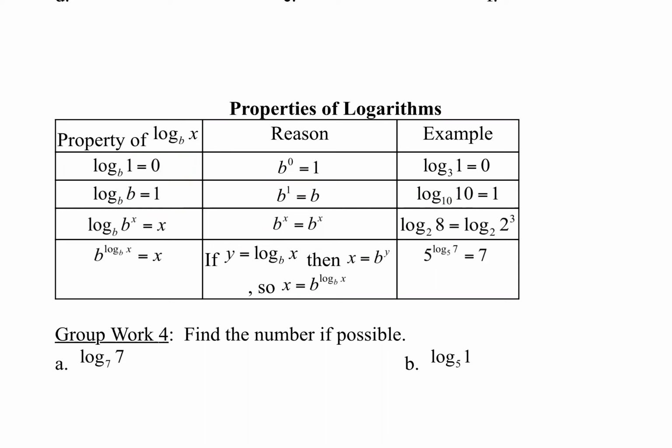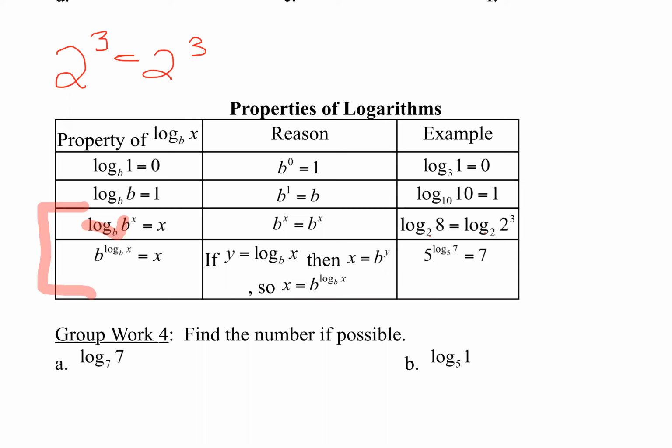If I have a log base b of b raised to the x, the x just equals x. This is essentially saying 2 cubed equals 2 cubed. So log base 2 of 2 cubed equals 3. They're the same thing. And then this last one has to do with this other one.